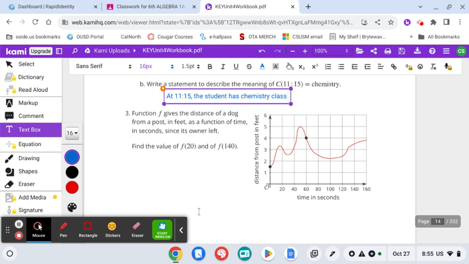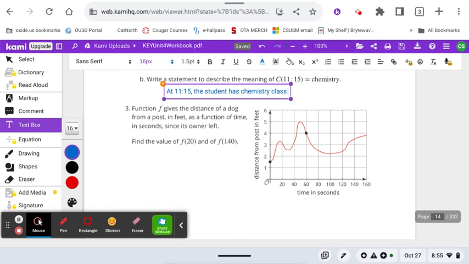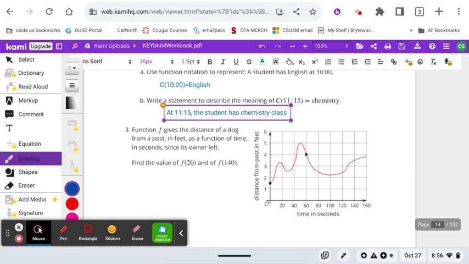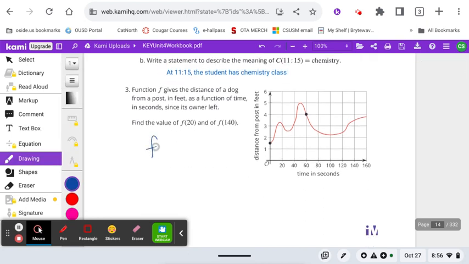Next, the function gives the distance of a dog from a post in feet, just like we did during the lesson. Can you find the value of f of 20 and f of 140? Please pause the video and go try it. All right, let's see how you did. F of 20, what would you call that output?